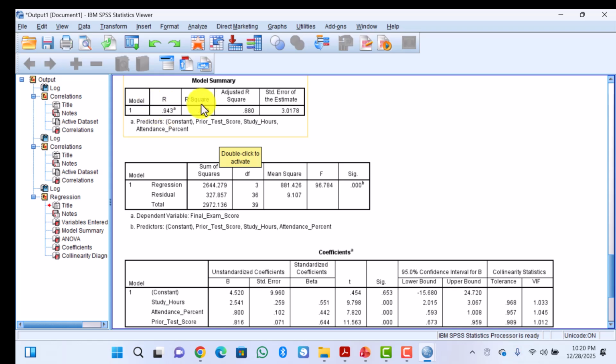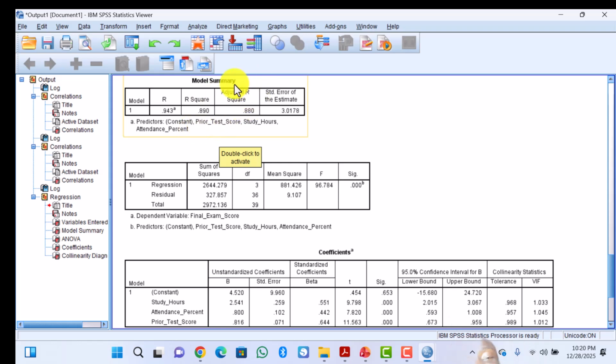What it is speaking to is that all the three variables we have considered have a joint relationship that is strong, positive, and very close to 1, because relationship should range from 0 to 1, and you can see 0.943 is close to 1.